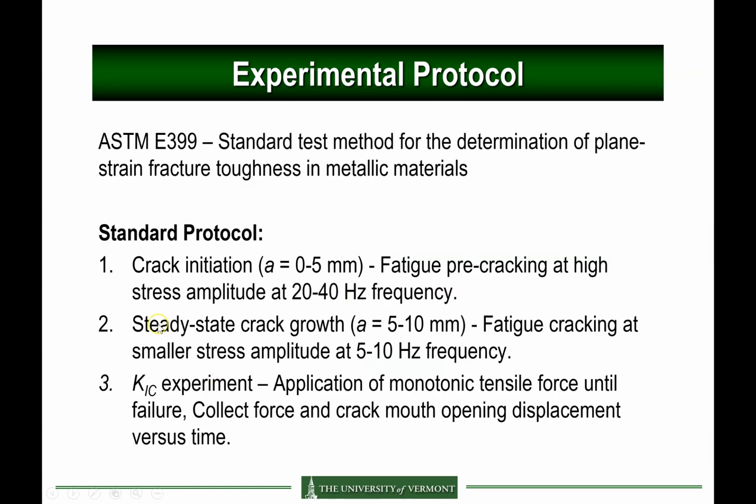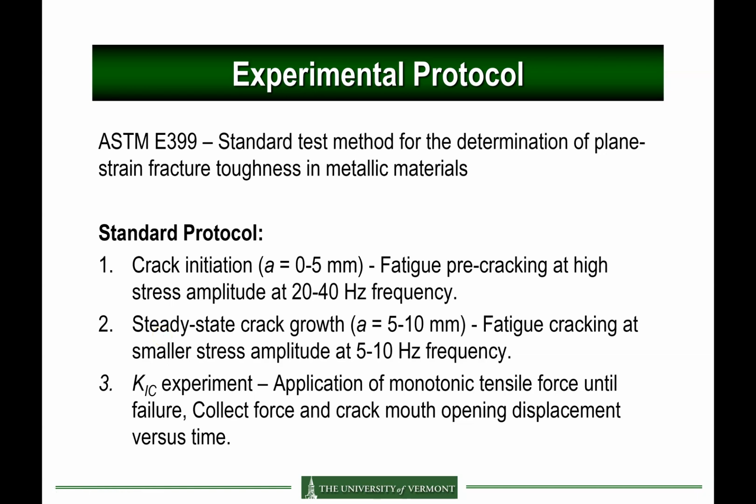And second stage, once the crack propagates to about 5 millimeters from the notch root, we slow down the fatigue crack growth a little bit. So we reduce the amplitude to 4 kilonewtons at 5 hertz or 10 hertz to achieve a steady state crack growth.